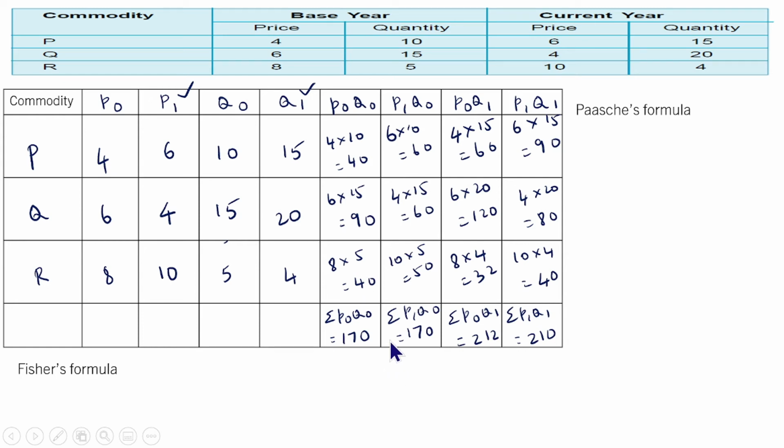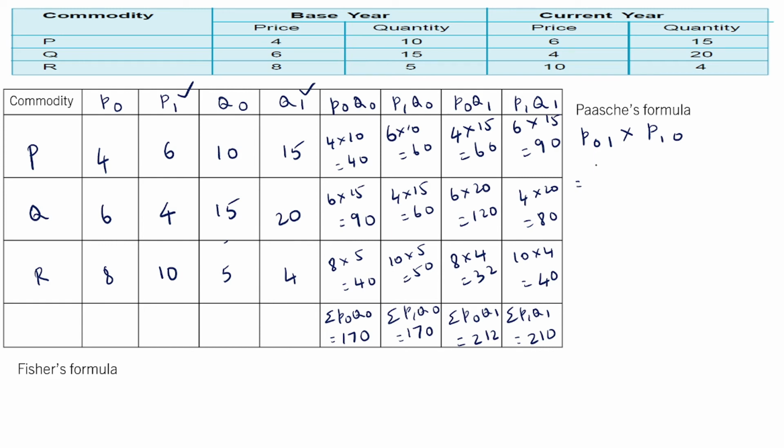Now we need to check whether Paasche's formula satisfies time reversal test. So for that we need to find P01 into P10. Now P01 is the usual formula that we use, that is, it is the index for the current year using 0 as the base year.